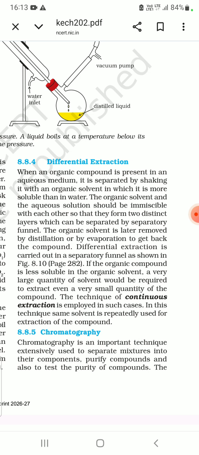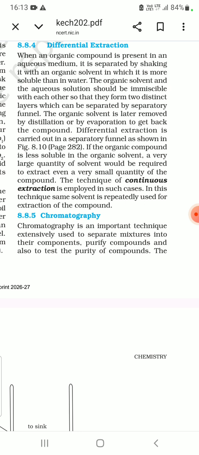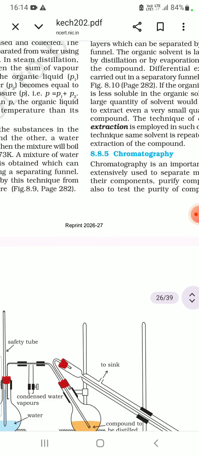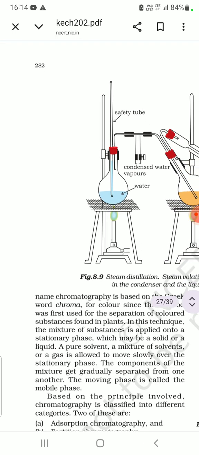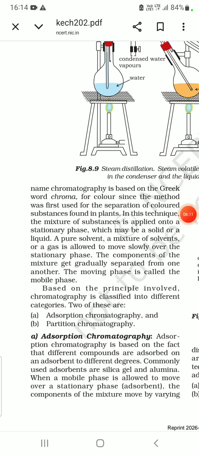And next we have chromatography. Chromatography is an important technique exclusively used to separate mixtures into their components, to purify the compounds and also to test the purity of the compounds. Chroma means color, and in this method the stationary phase may be liquid or solid, and the compounds of the mixture get gradually separated from one another.